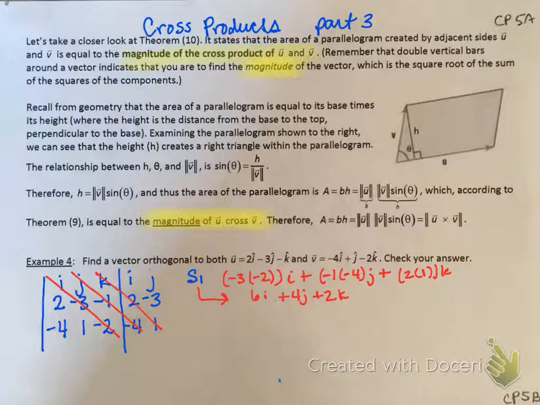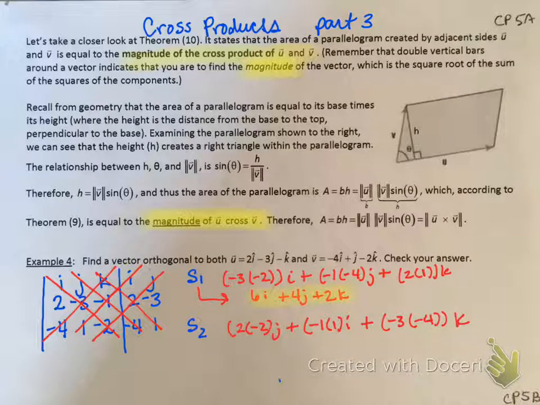So let me go ahead and highlight that. Sum 2. I'm going to work the other way around. So I'm going to start with j. j is 2 times negative 2 plus negative 1 times 1, and that's i, plus, let me make that i look a little better, hold on, and then k is negative 3 times negative 4.